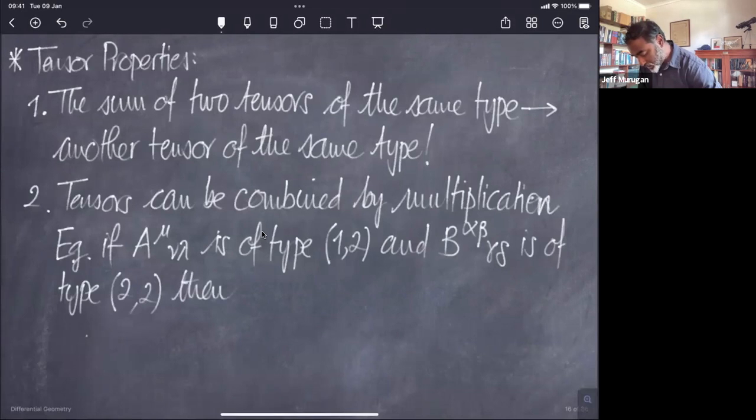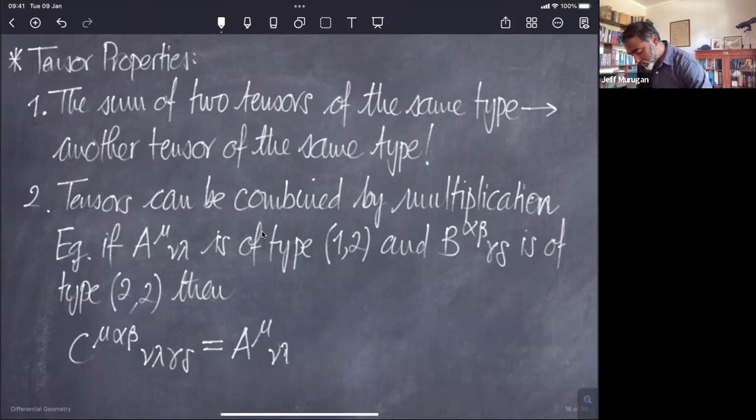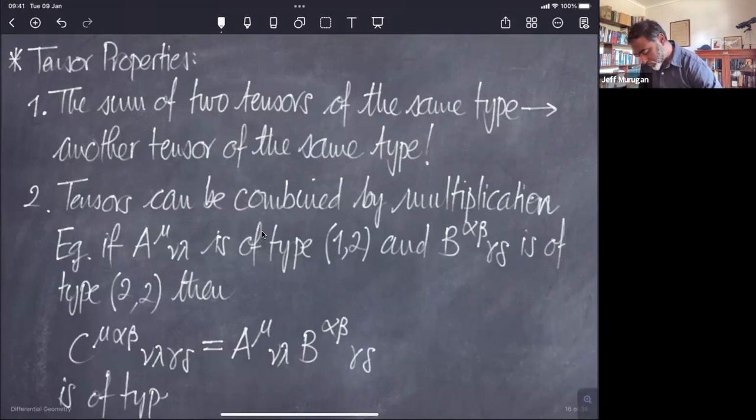Then the tensor C, mu, alpha, beta, nu, lambda, gamma, delta, that I form by multiplying these two together is clearly a tensor of type 3,4.